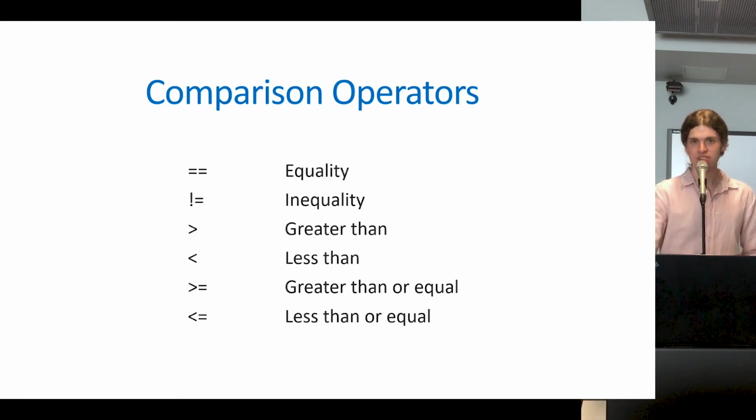So let's have a look at some other operators that we can use to perform comparison. A check for equality would use two equal signs. We're probably used to using one equal sign to assign the value on the right-hand side of the assignment operator to the storage area on the left-hand side.